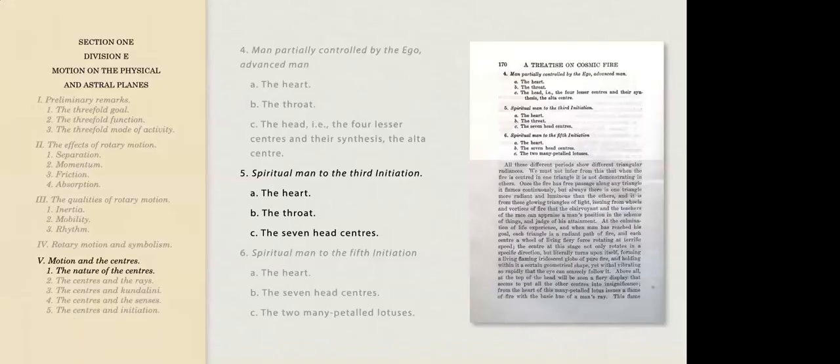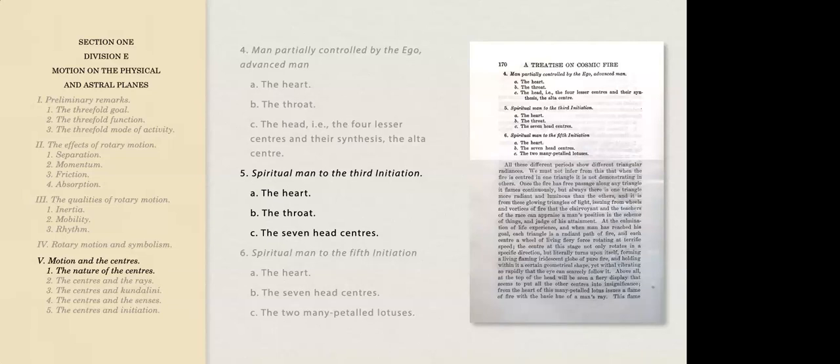So next we have spiritual man to the 3rd initiation, the heart, the throat, the 7 head centers. This period includes the first 2 initiations, during which time the energy of the sacral center is transferred to the throat and the solar plexus center is transferred to the heart. So whether it happens during this phase or in the latter part of the previous phase, DK is not telling us.